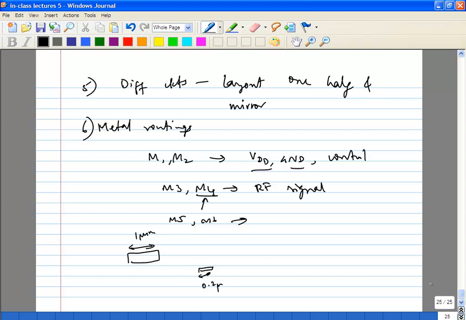The second thing is, nowadays these metals, especially if you go to an RF process, are so thick that you actually have a lot of fringing cap. That becomes more significant than your substrate cap. So normally you would prefer to do it on M4 instead of going to M5 at all, and that turns out to be the most optimum, even if you are routing long distances.